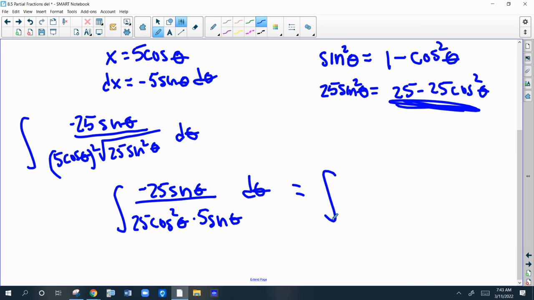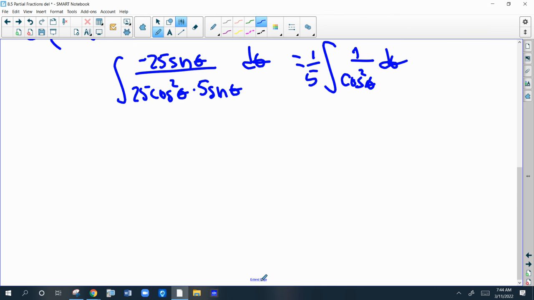Now we're going to start canceling things out, and this looks really good. The 25s will cancel. We're left with a 1/5 on the bottom. The sines cancel too, so that's really good. We're just left with 1 over cosine squared. All right, so if we could integrate this, that would be fantastic. And we can. 1 over cosine squared is secant squared.